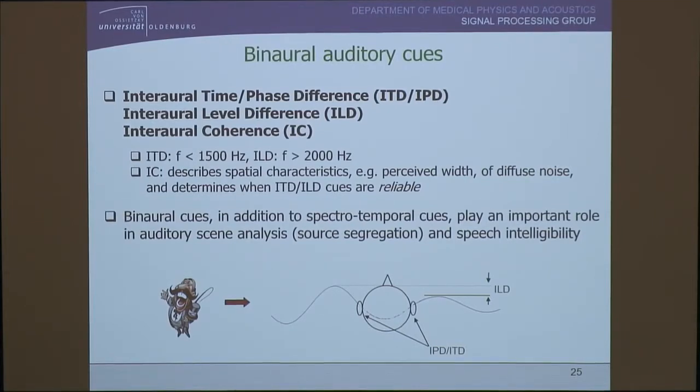But also, and that's maybe not clear for everybody, there's the interaural coherence cue, which is especially important in reverberant environments or for non-localized sound sources, like in the extreme case, a diffuse sound field. And this interaural coherence describes the spatial characteristics, for example, the perceived width of such noise fields, and actually also determines when these ILD and ITD cues are reliable, for example, in reverberant environments.